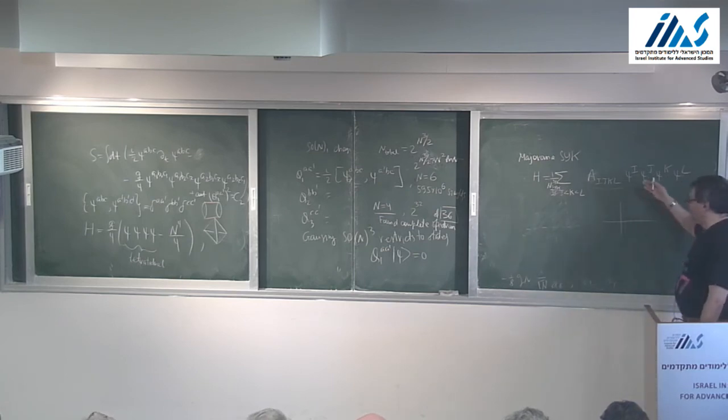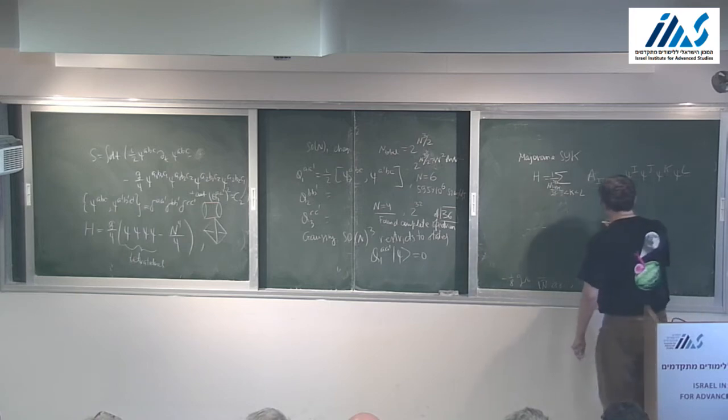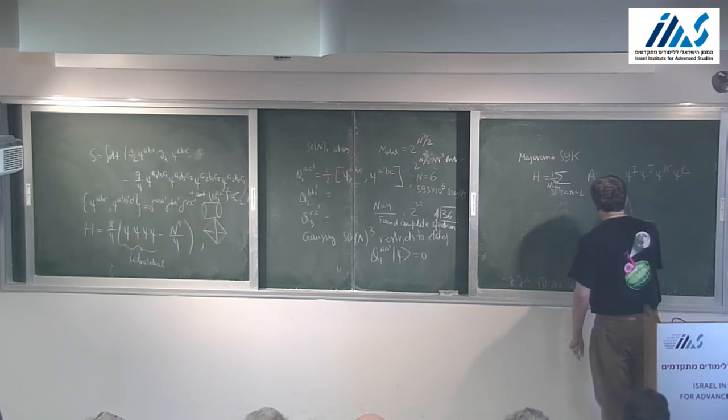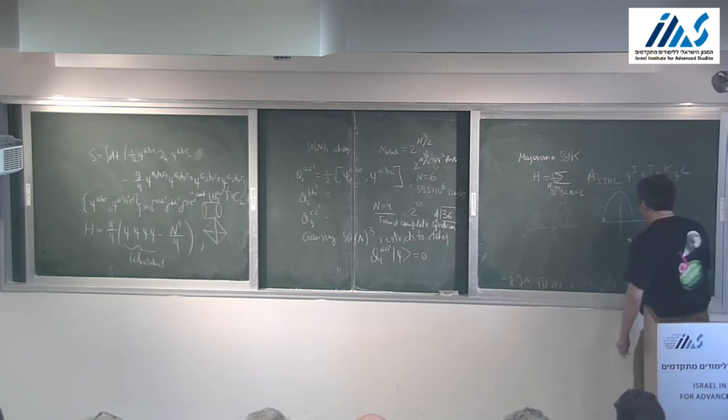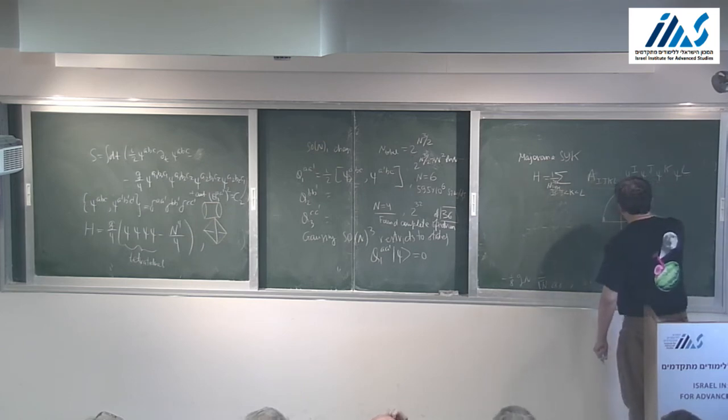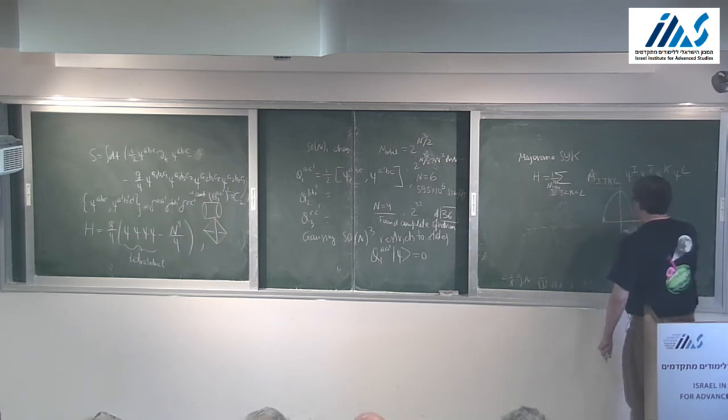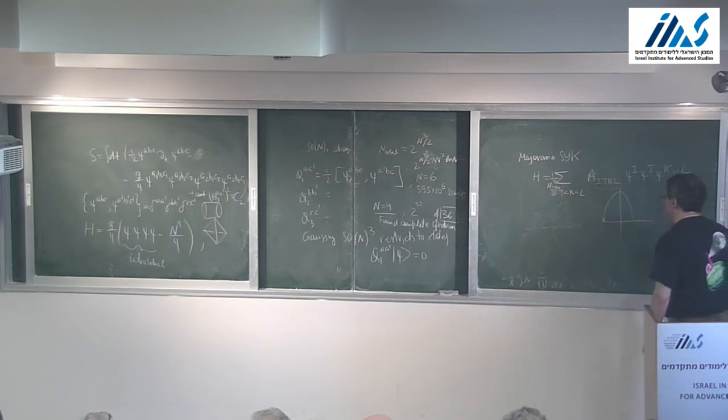Namely, if you go to pretty large N, just pick one set of A's, and you already get a very, very nice looking spectrum, like this type of density. And the gaps here are exponentially small. Not only is there a peak near zero energy, you also get these exponentially small gaps.